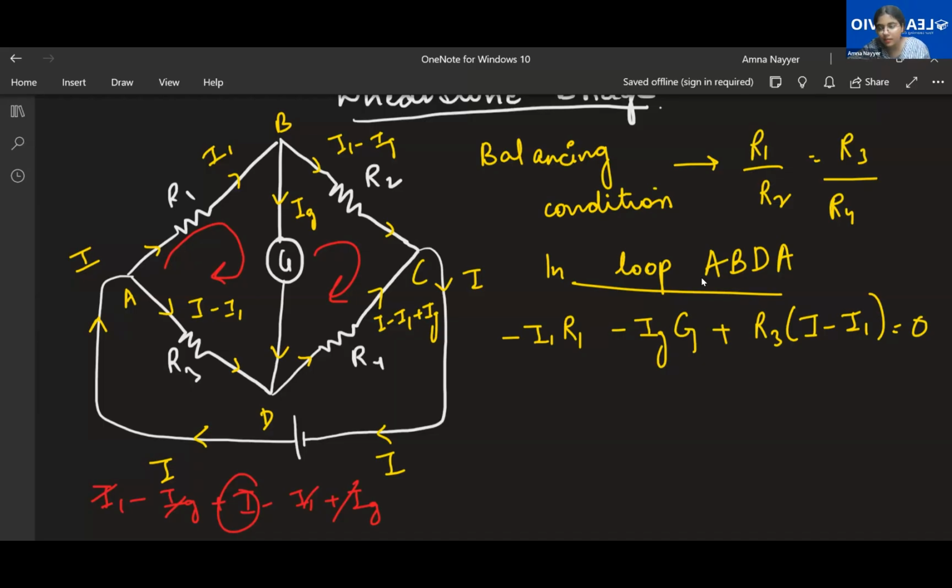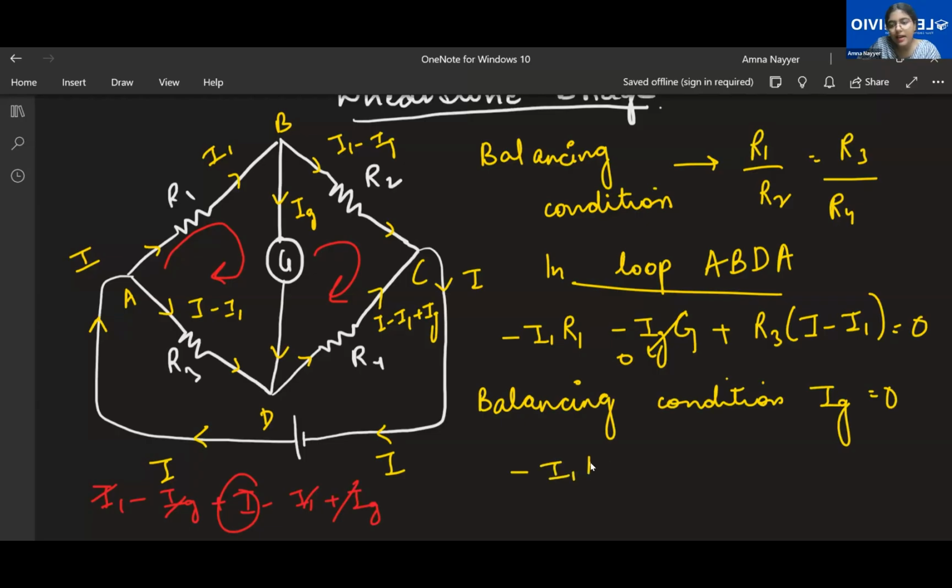Yes, ma'am. In the balancing condition, the Ig's value is 0. There is no current that passes through this galvanometer. So basically, you just have to make Ig 0, and here you have the equation: minus I1 R1 plus I minus I1 into R3 equal to 0.